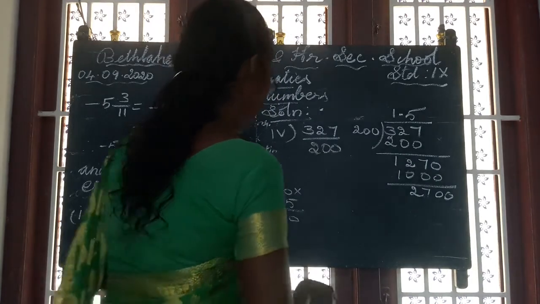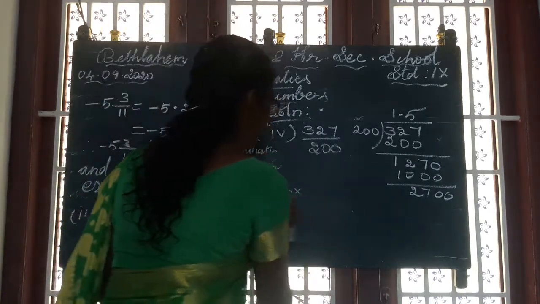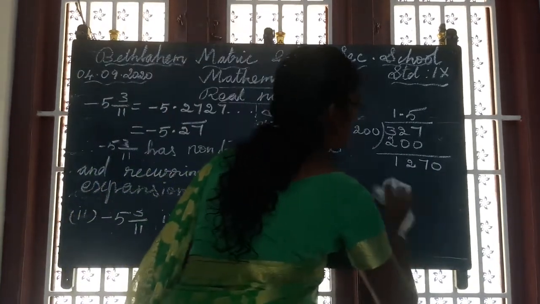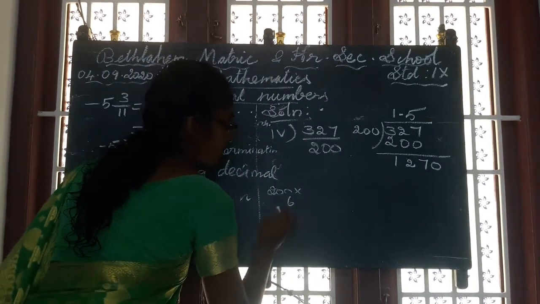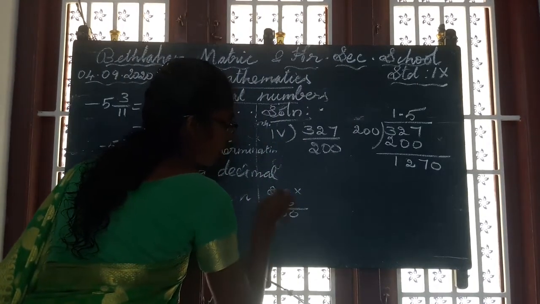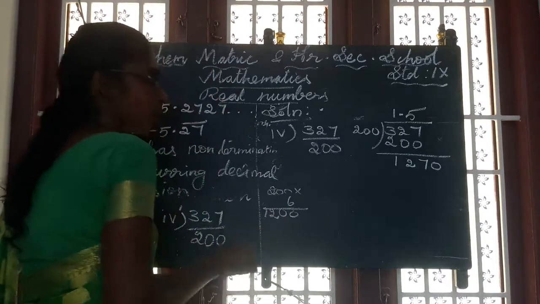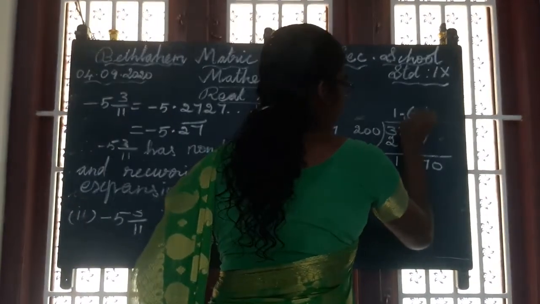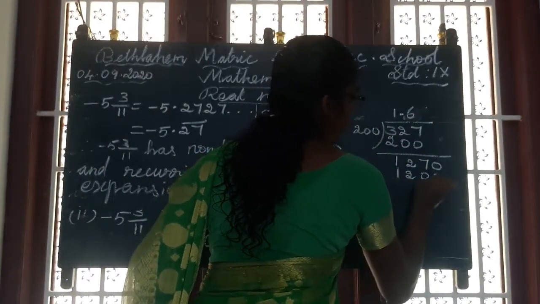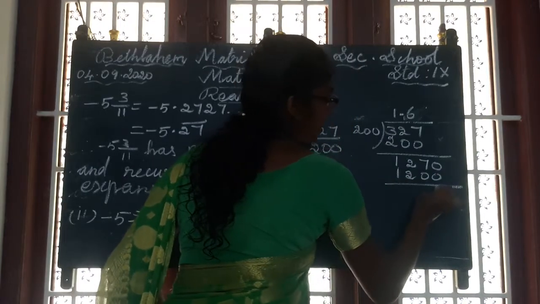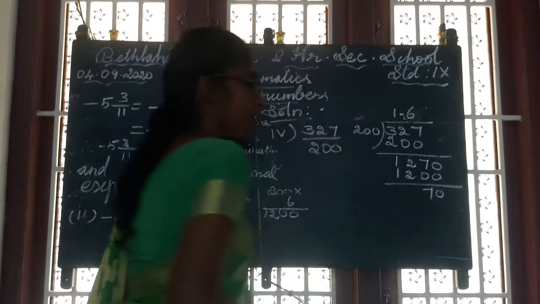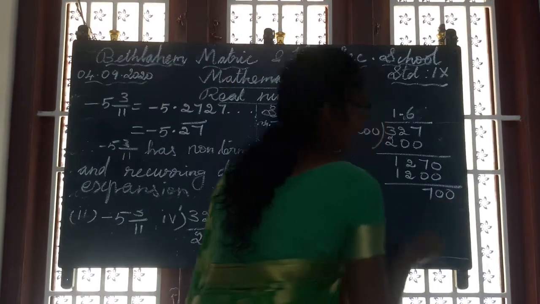Next for 6 times, 0, 0, 1, 2000, 200 will be got. So 6 times 1, 2, 0, 0. Next subtracting, 0, 7. Next one more 0 included here.